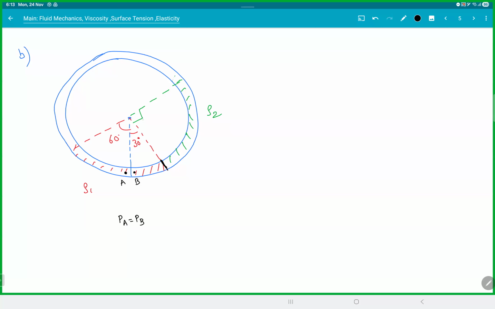Now when you take the vertical height, if this is 30, this is 60, and this is 30, so this height will be how much? R sine 30. This height will be R sine 60.